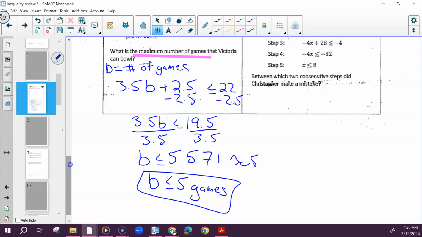Okay. Other questions on this page? I forgot what page we're on. 4, 5. What number is this? 4. Okay, go on to the next one. 5.